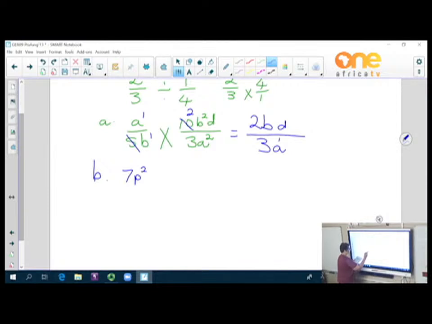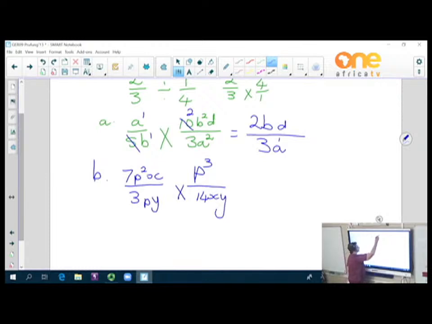7p squared x over 3py. And because I divide, I multiply with the reciprocal. I immediately turn this one around now there. Right, so what can cancel? 7 divides into 14 twice. So it means the number is 1 over 6. Now the indices.